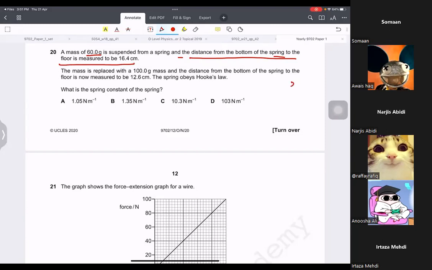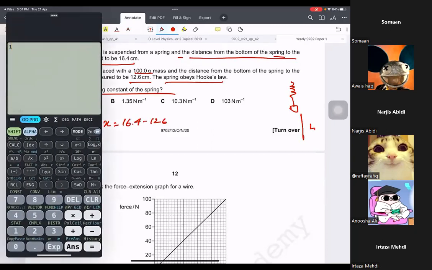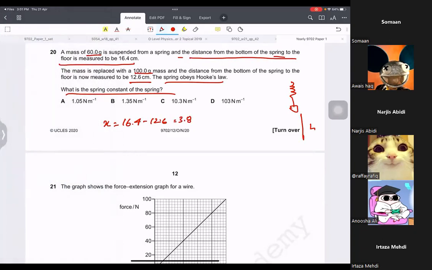Okay, so there's a spring and it's saying this distance we're measuring. So the extension, 3.8 centimeter.